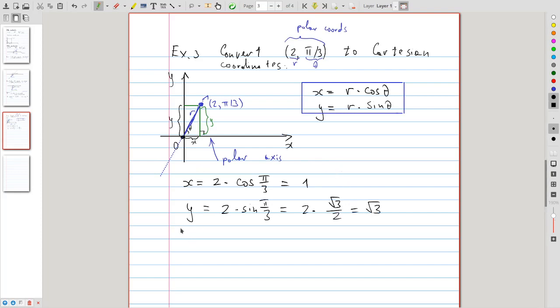And so we have converted the point in polar coordinates given by 2, pi over 3 to Cartesian coordinates 1, square root of 3.